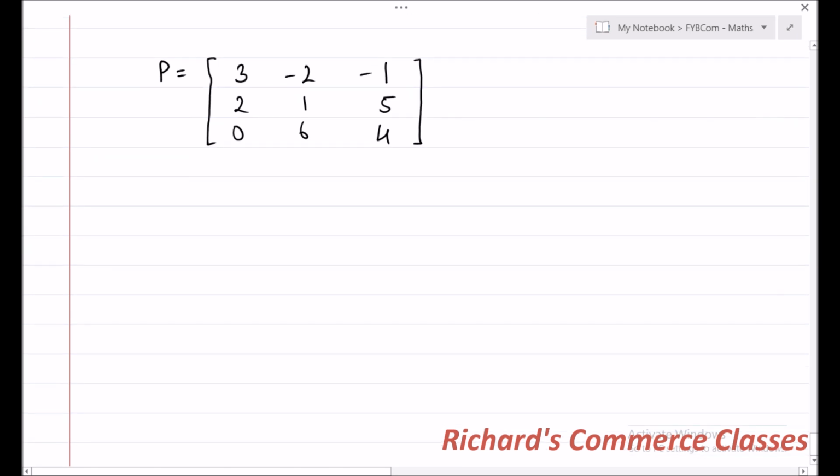Starting from the beginning, step 1 is to calculate minors. So you can pause this video and quickly calculate your minors right from M11 to M33. I will quickly calculate all the elements and you can compare your answer.